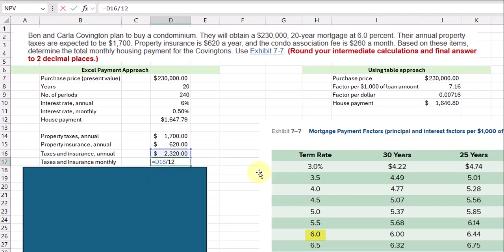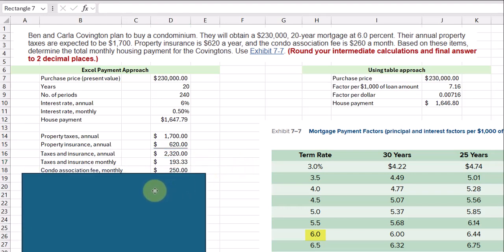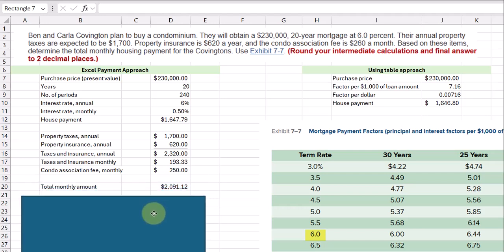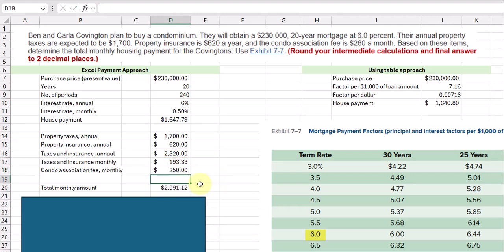I'm just taking the value in D16, dividing it by 12. Okay. The condo fee is already on a monthly basis, so all we have to do is add those up. I probably should underline this so that you can see that that's a total monthly amount. 2091 is what we would come up with, assuming we used Excel.